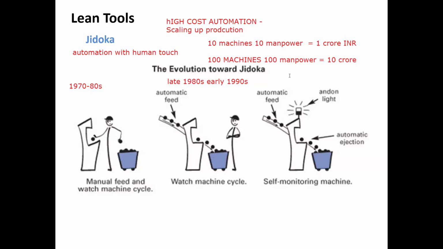But during the late 1990s and starting from 2000, a lot of computer controlled systems came into play, so that even the machine conditions are now controlled by the computer control system, right?